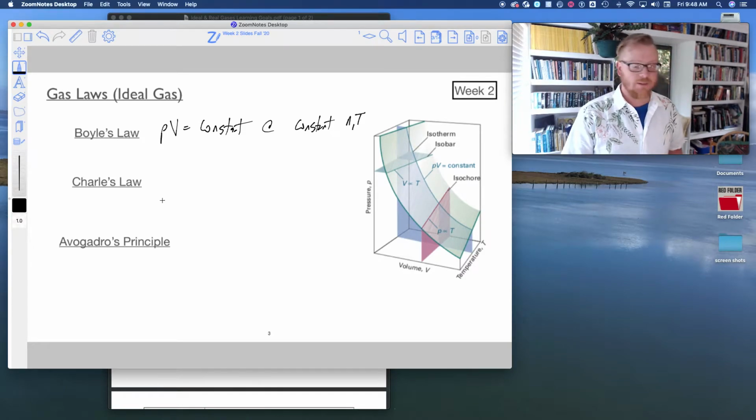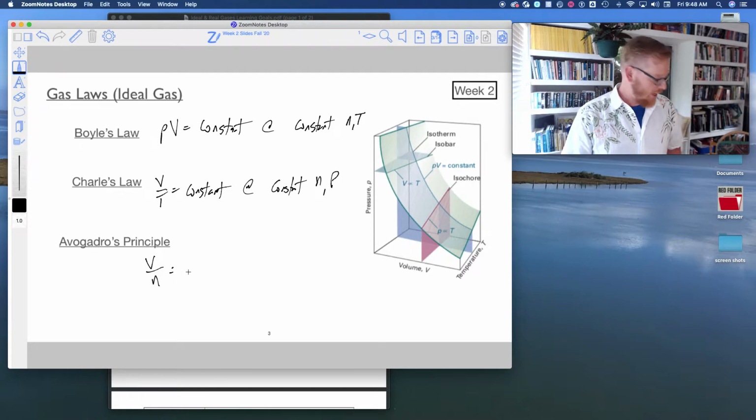Charles' law says V over T equals a constant at constant N and P, okay? Constant number of moles and pressure. And then Avogadro's principle says V over N equals a constant at constant P and T.